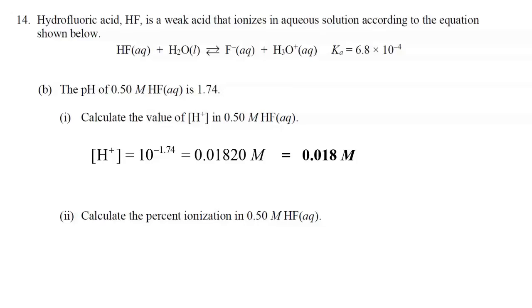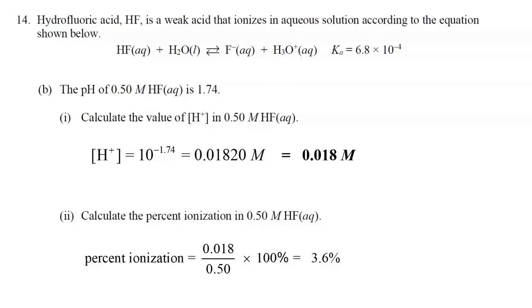So the percent ionization will be a ratio of the concentration of H+ in equilibrium divided by the initial concentration of the molecular acid. So for this ratio, it's going to be 0.018, the concentration of H+, divided by the initial concentration of the molecular acid, 0.50.